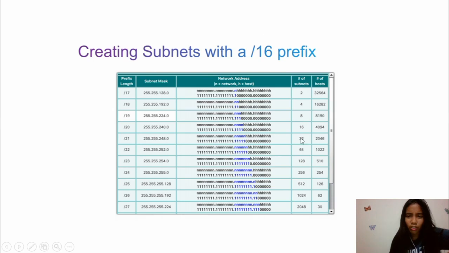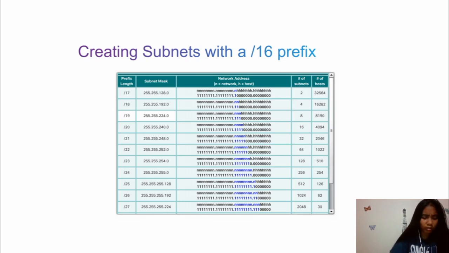The subnets here are determined by the value. For the first one, we have /17 with 2 subnets, for /18 we have 4, and for /19 we have 8. And this is just for normal subnets, and this is the number of hosts.